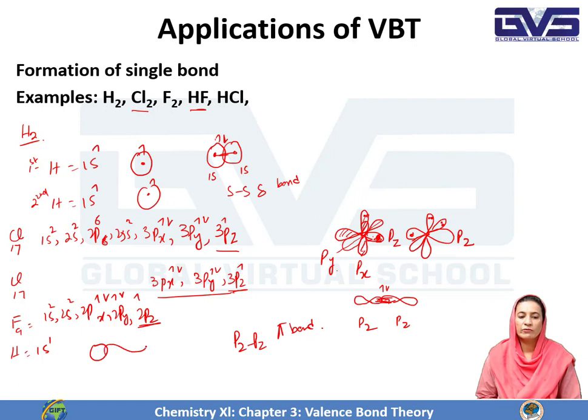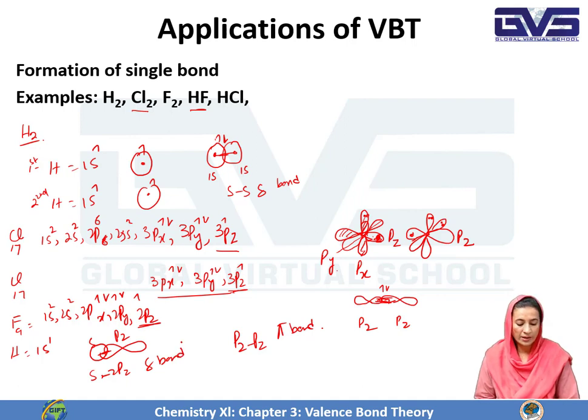It will form an s and 2pz sigma bond in HF. This will become clearer in the upcoming animations. I have already told you, along with the electronic configuration, that if there is one partially filled orbital, it will form a single bond. These are examples of molecules that have single bonds.